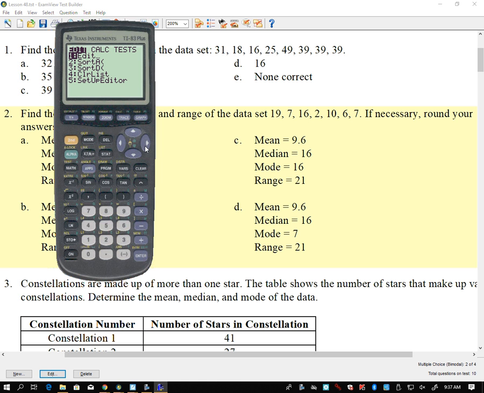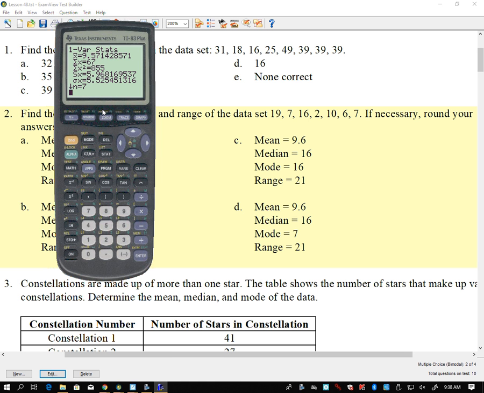All right. I need to go to the right to hit calc. Anybody know what to do from here? Hit enter because we want one variable statistics. Enter. All right. What is the mean? Let's round it to the nearest tenth.